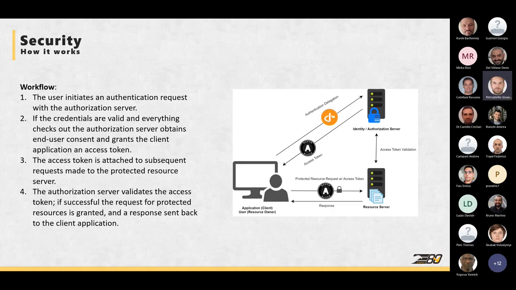Every request sent to the system by the application is validated with the use of the authentication server, which checks whether the token granted to the application is valid or not. This is in general the workflow of the system that we have.